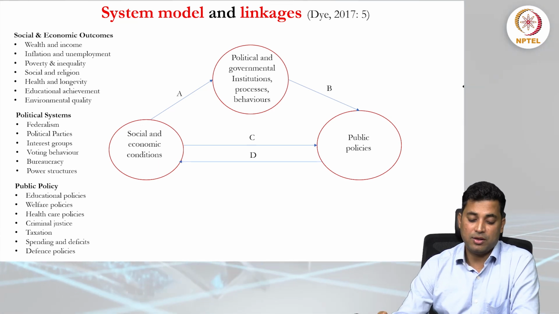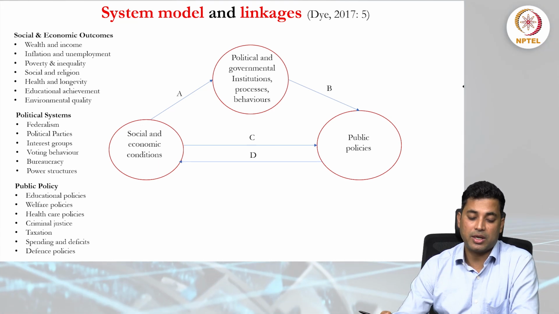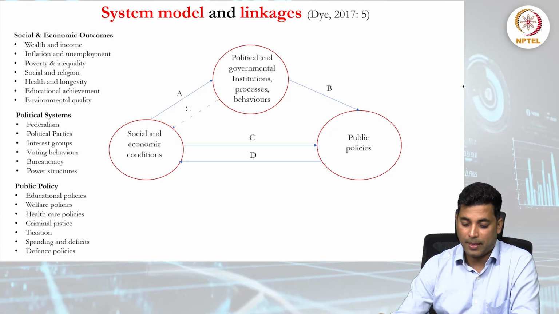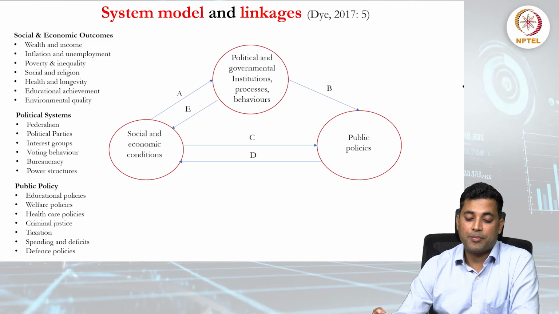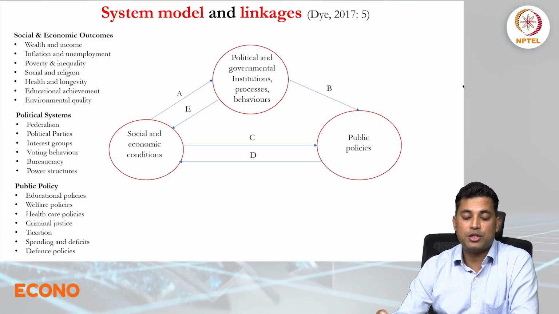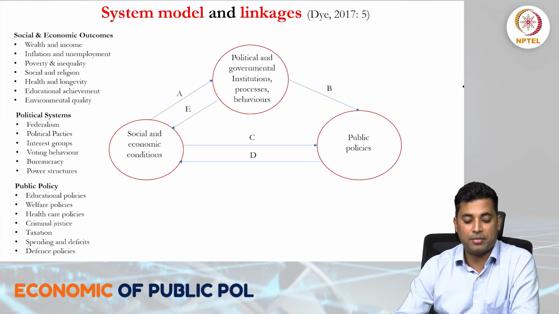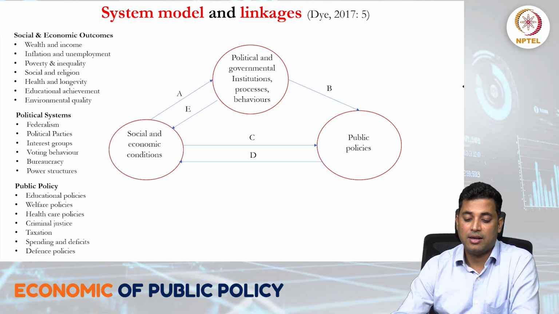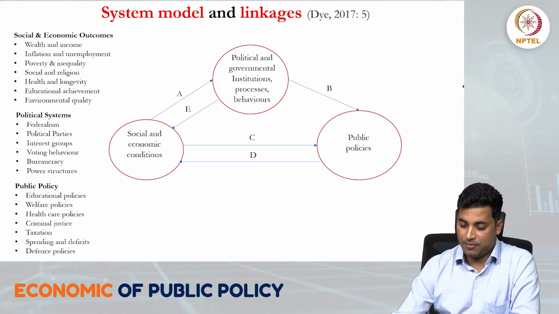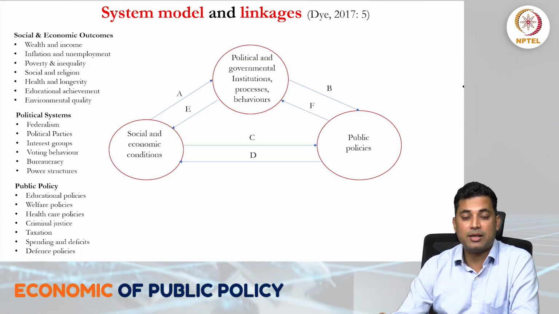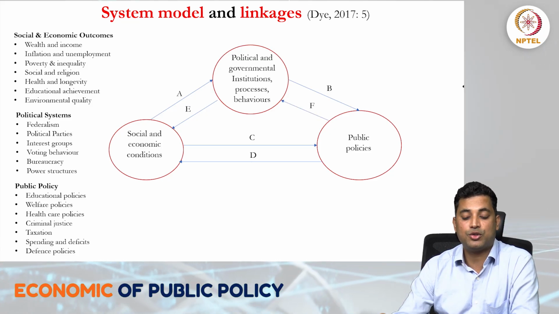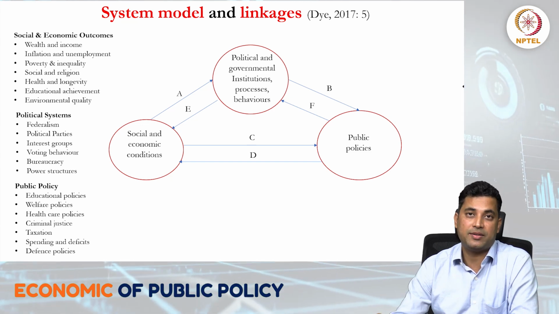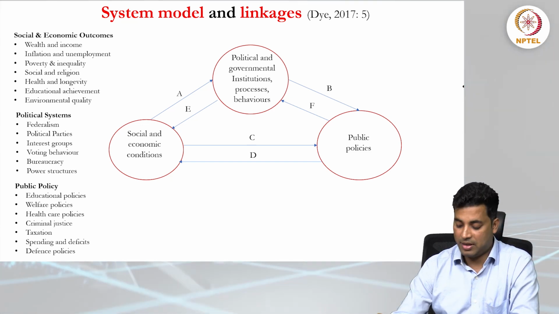And public policy also defines what kind of social and economic outcomes we will get in one particular context. Political, governmental and institutional behaviors also shape how society and economic outcomes and conditions are. And political, governmental and institutional behaviors also get framed by the kind of policy that we frame at the macro level.